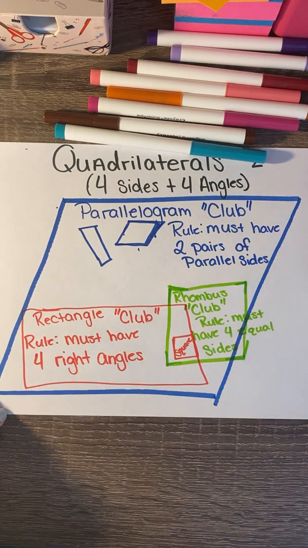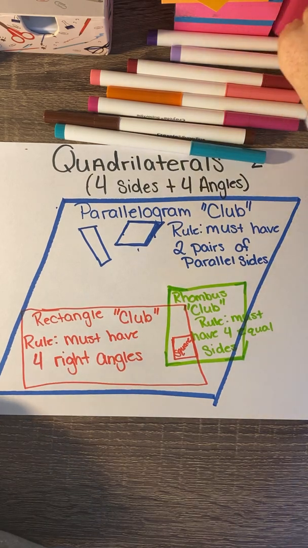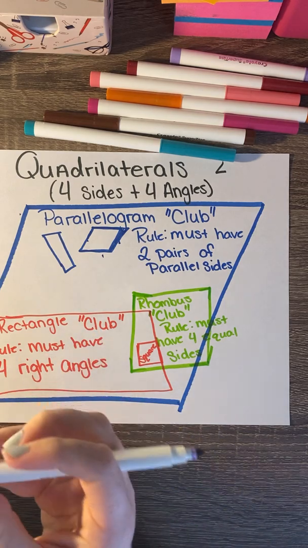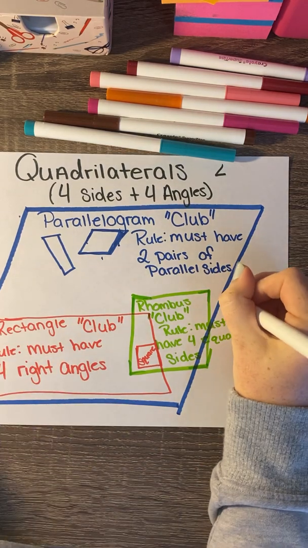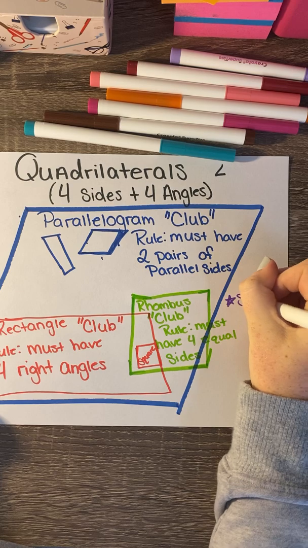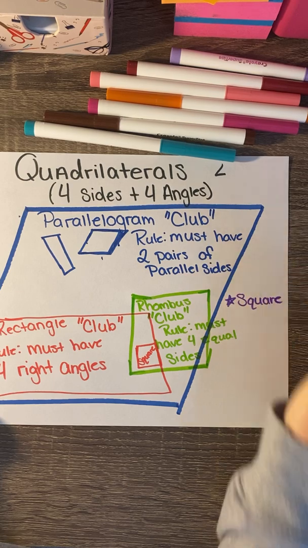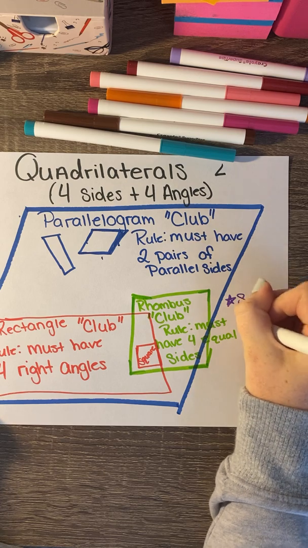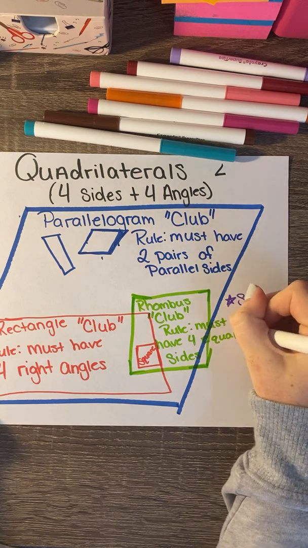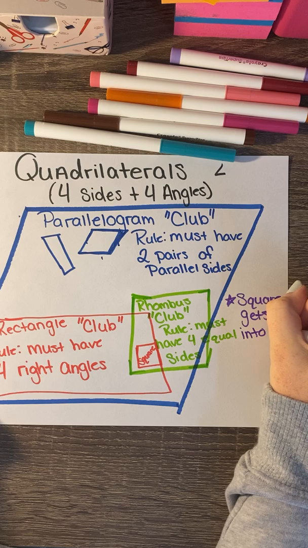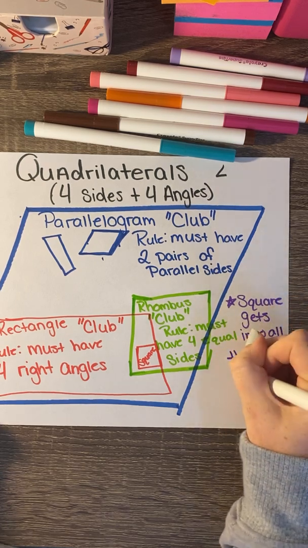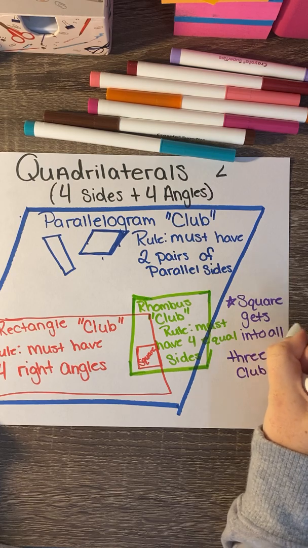Now, I'm going to write it in purple. The number one thing to remember with this is that our square, our friendly square, gets into all 3 clubs.